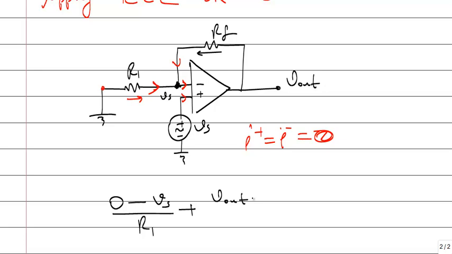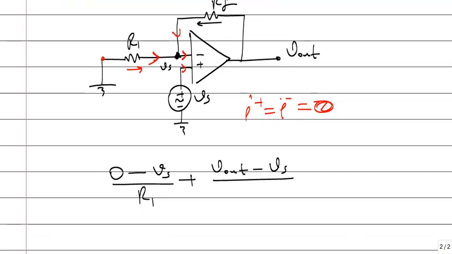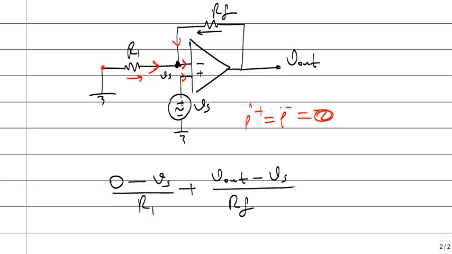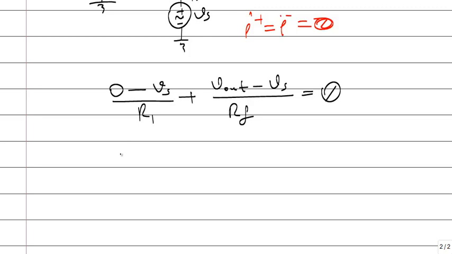V out minus V source divided by RF is equal to this current. What's that current? 0. So from here, minus V source divided by R1 is equal to minus V source plus V out divided by RF.